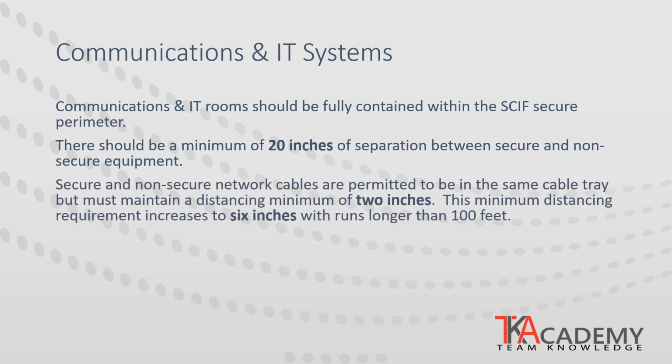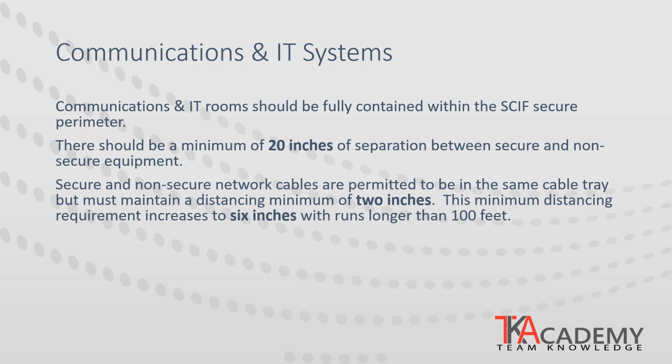Both secure and non-secure network cables are permitted to coexist within the same cable tray for distribution, but must maintain a minimum separation distance of 2 inches. When the cables run longer than 100 feet, the minimum cable separation distance increases to 6 inches between them. In many cases, there may be dedicated cable trays for each classification of network cabling.